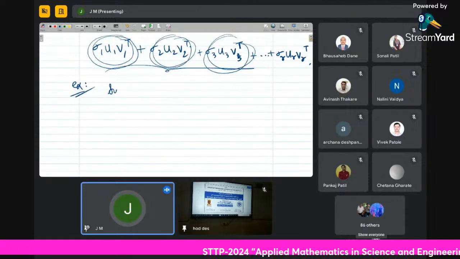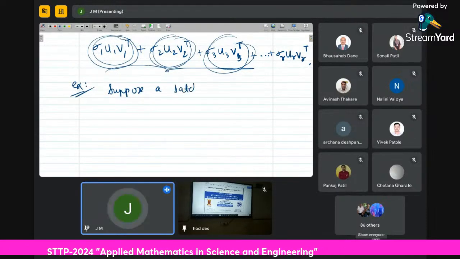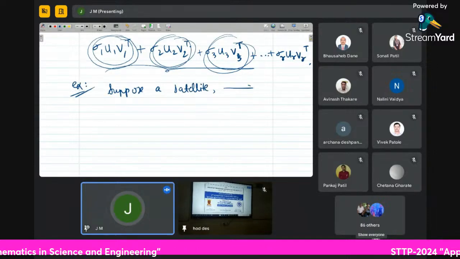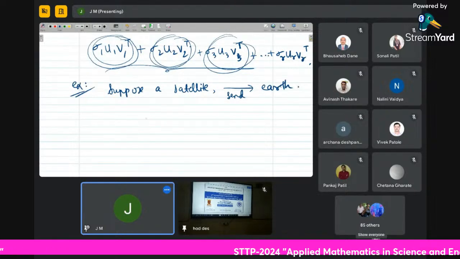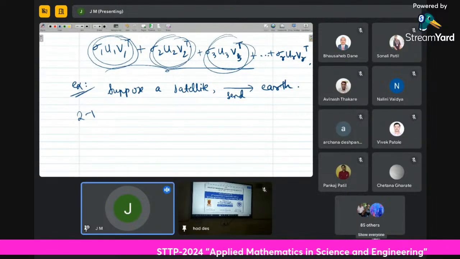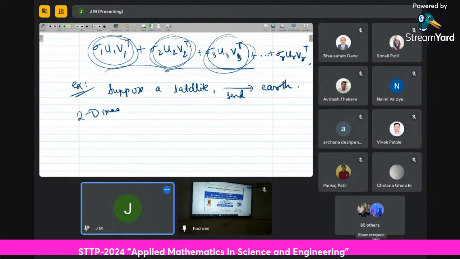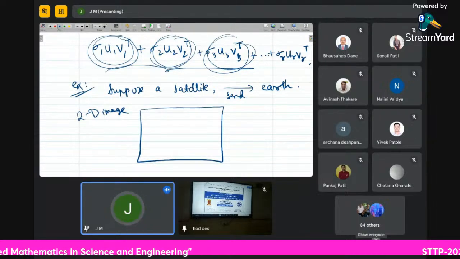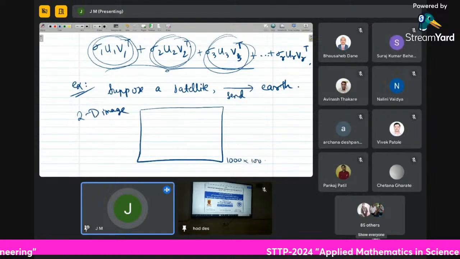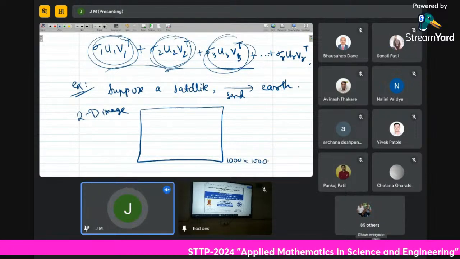So for example, suppose there is a satellite which takes a picture and wants to send the photo to Earth. You have a 2D image over here. As I said earlier, the image is an RGB color code, or one can also have a gray image color code. And suppose you have a picture of 1000 by 1000 pixel size.